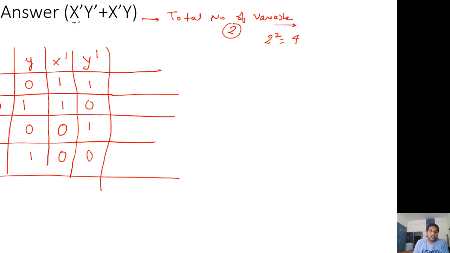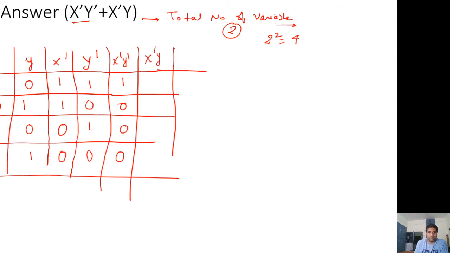Now we have to find out the first term, x bar y bar. This is the AND operator, and here is x bar and here is y bar: 1 1 1, 1 0 0, 0 1 0, 0 0 0. Now the second term is x bar into y. Here is x bar, here is y. That means 0 and 1 with the AND operator: 0 1 1, 1 0 0, 0 1 0, 0.